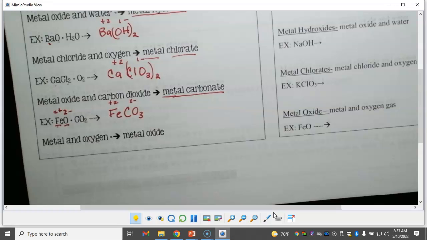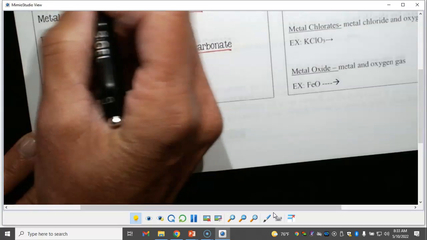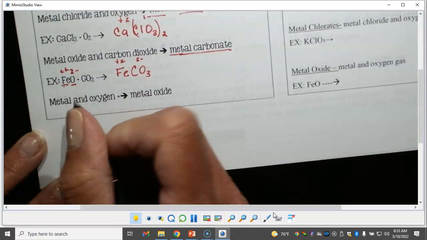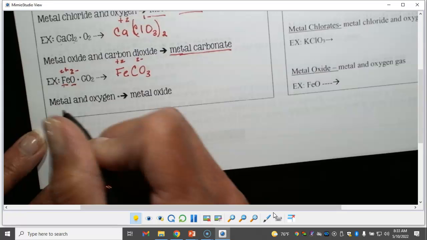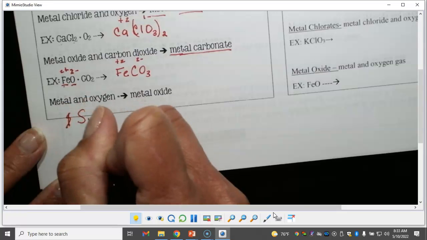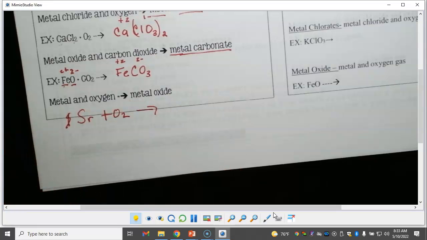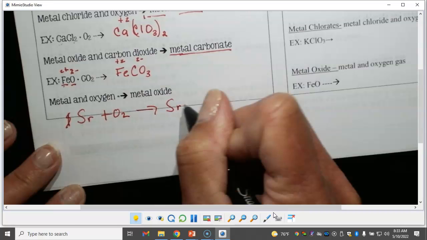Our very last one is a metal and oxygen to make a metal oxide. I didn't do an example because this is basically the same thing, but we can write one. Metal and oxygen. Let's say strontium and oxygen. We're going to make a metal oxide, so we're just going to stick the two of them together.